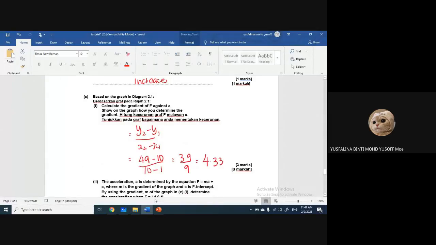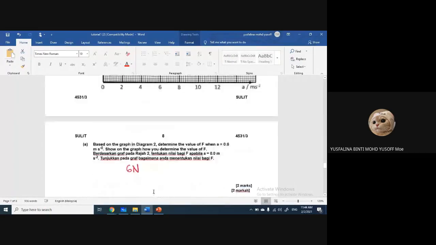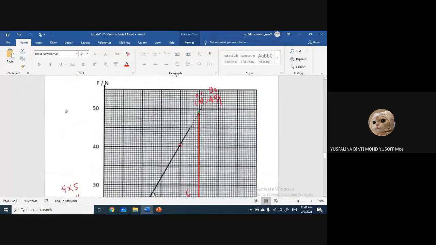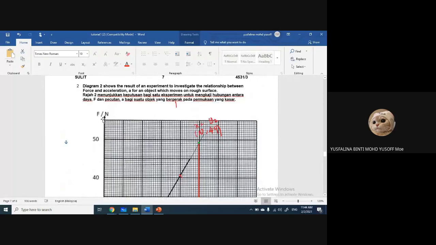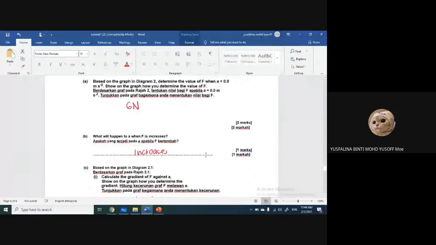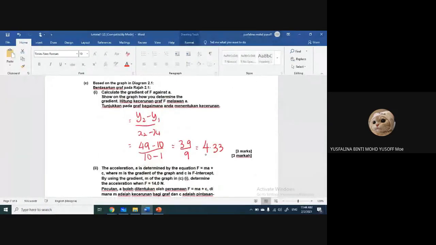Don't leave your answer in fraction. Then the gradient, I told you before, gradient must have a unit. So what is the unit for the gradient? The y-axis unit divided by the x-axis unit. The y-axis unit is N, the x-axis unit is ms to the power of negative 2. So N divided by ms^-2, this is the unit for gradient.